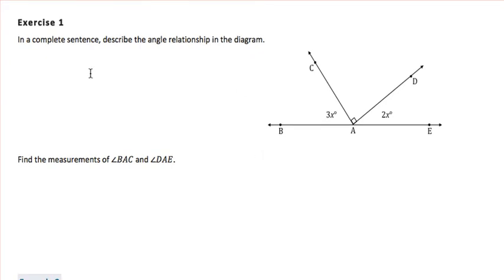Exercise 1. In a complete sentence, describe the angle relationship in the diagram. Well, we do have adjacent angles which form a straight line.